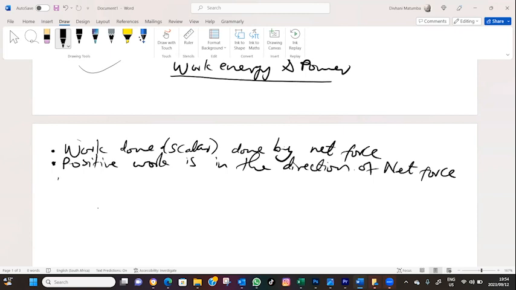And negative work is in the opposite direction, like friction. If you push an object, your friction will exert a negative work on the object that you are pushing.